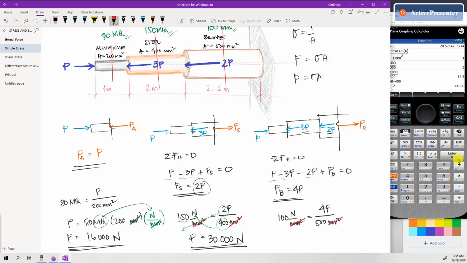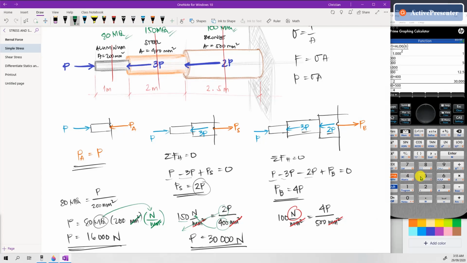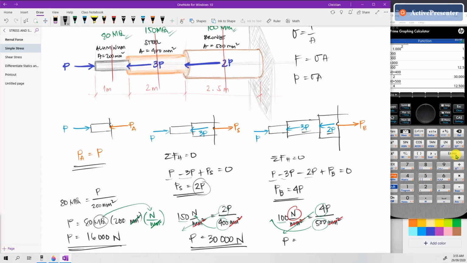So, may iwan sa atin is yung Newton. Okay? So, 100 times 500 then divided by 4. Okay, then yung value ng P is 12,500 Newton.